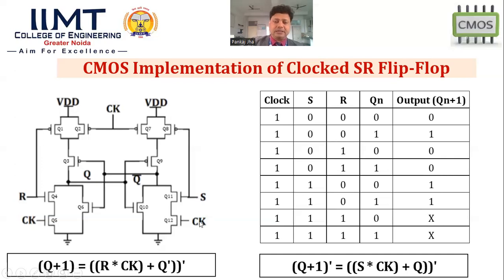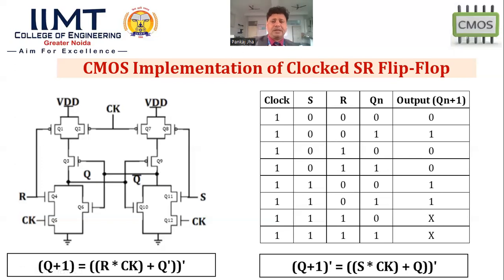The clock is at the enable condition, so it will make transistor Q12 go into saturation mode. If both transistors are in saturation mode, that means it will be a short circuit condition and provide a ground path. So whatever the value of Q bar is will be grounded, so Q bar becomes always 0.